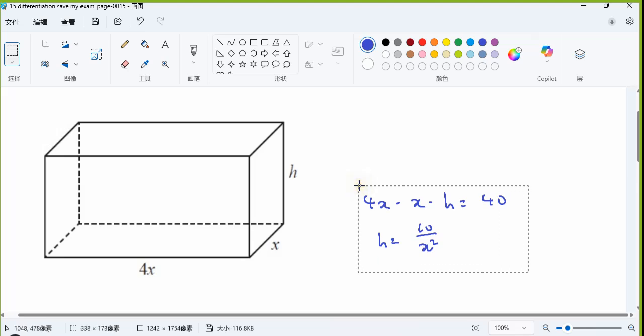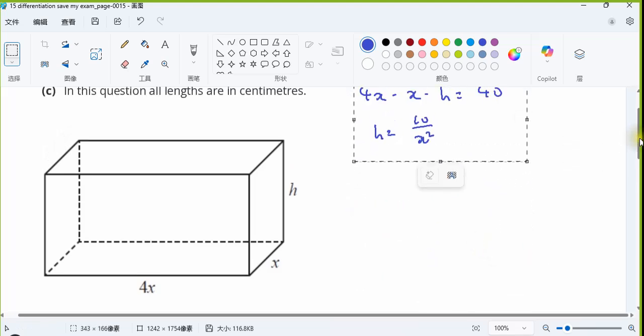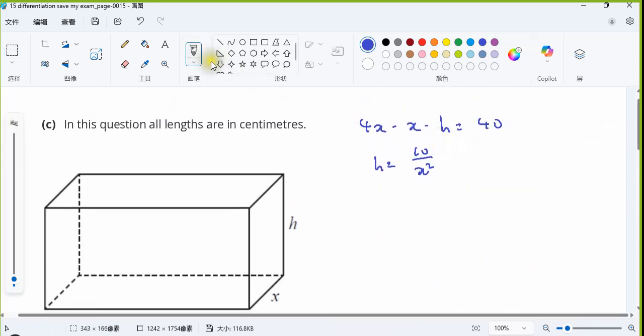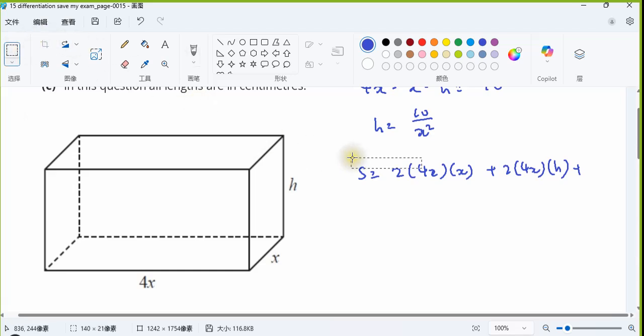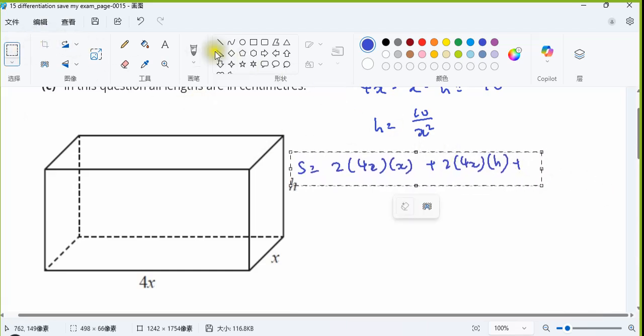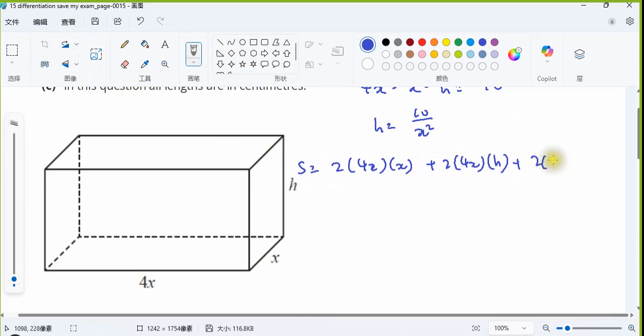So the surface area, because it is a solid, is 2 of the 4x times x, plus 2 of the 4x times h, and then we have 2 of the x times h.